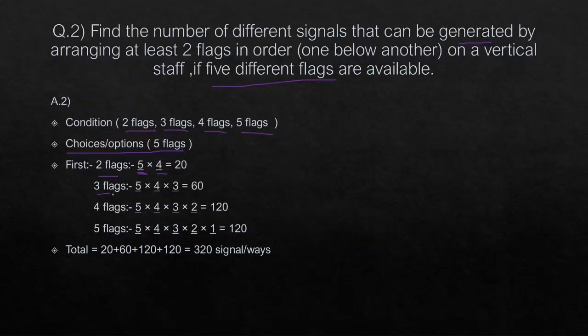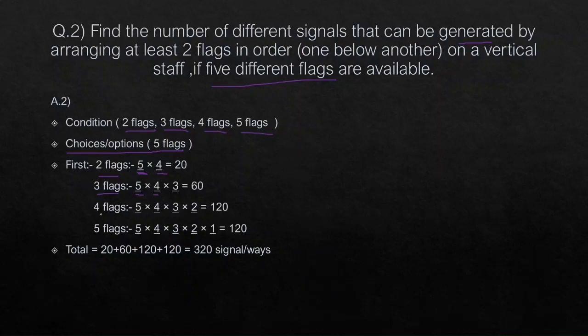Now for 3 flags, when we focus on a signal with 3 flags, the place which includes the first flag will have 5 options because in total we have 5 flags. Then we'll subtract 1 for the second flag and subtract 2 for the third flag because 2 flags have already been used.